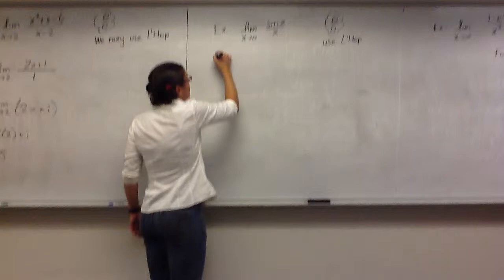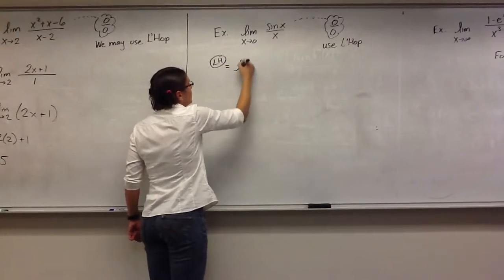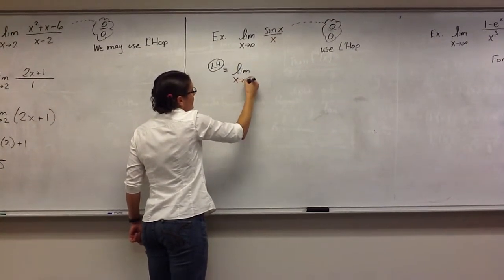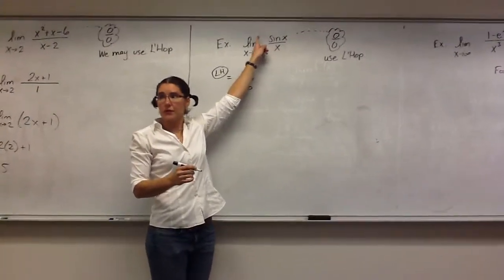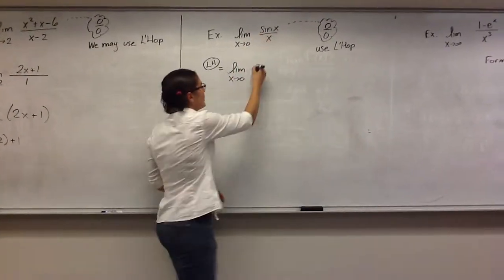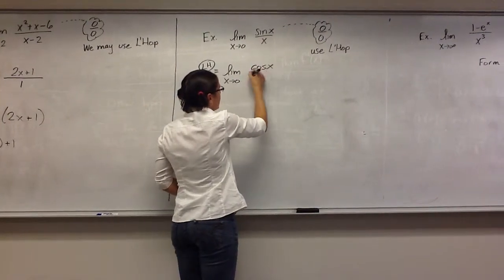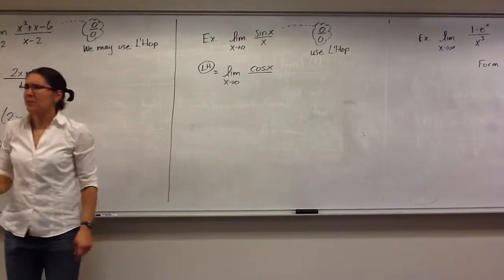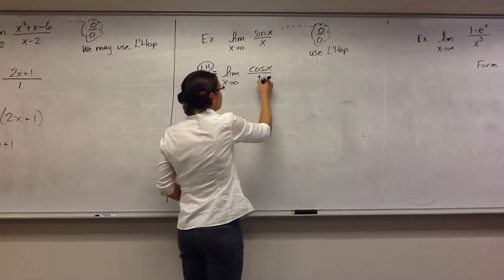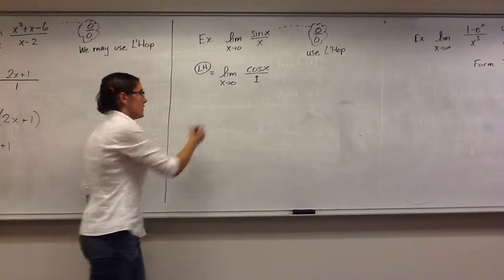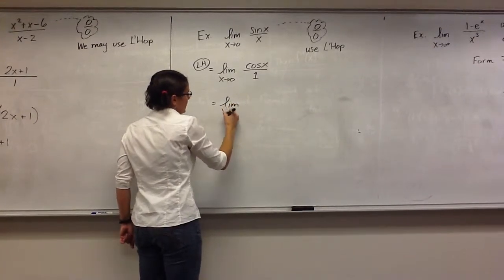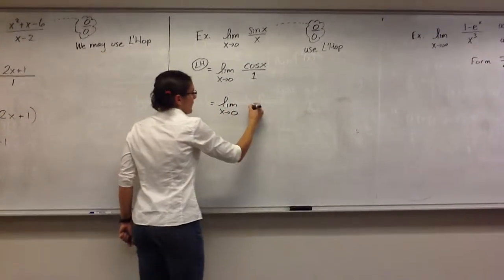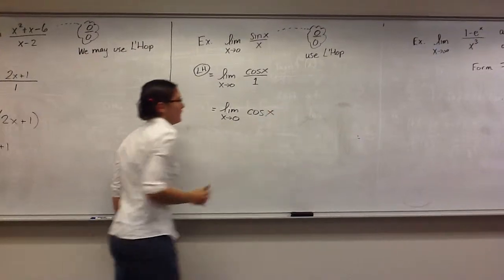When I use L'Hopital's rule, I've got the limit as x approaches 0. We're going to take the derivative in the numerator. The derivative of sine x is cosine x, and my derivative in the denominator is 1. This is great because now my denominator is pretty much irrelevant, and we have the limit as x goes to 0 of cosine x.